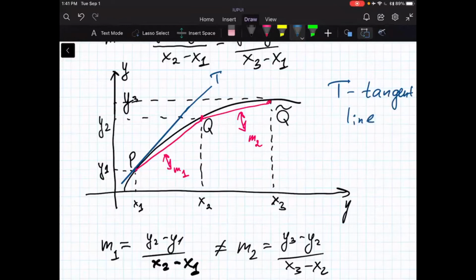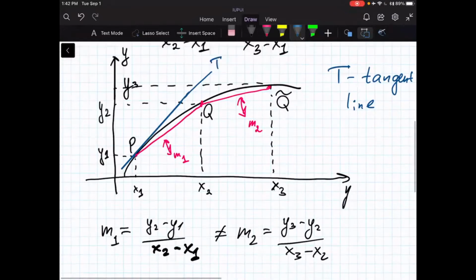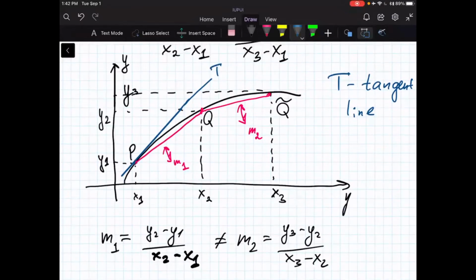And this tangent line is the limit of the chords. So how to find this tangent line? We see that if we let point Q approach our point P, what will happen with our chord? It will approximate our tangent line, right?